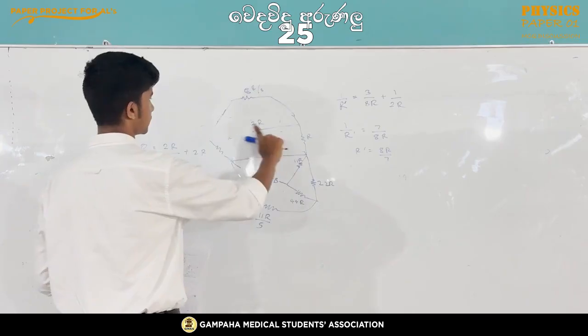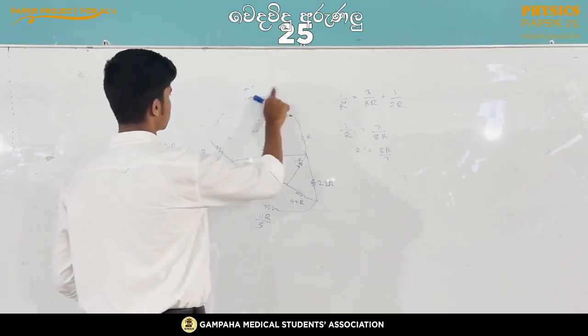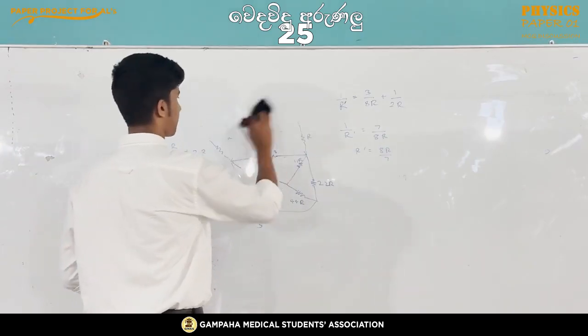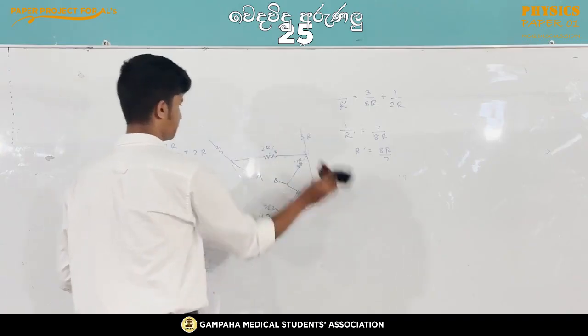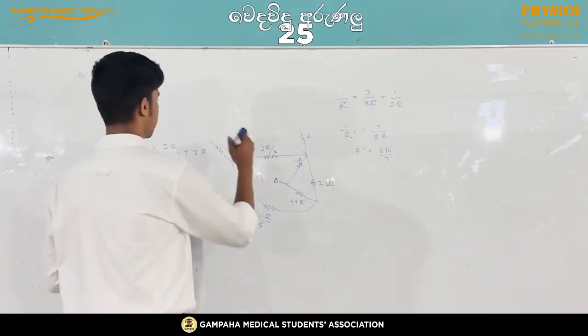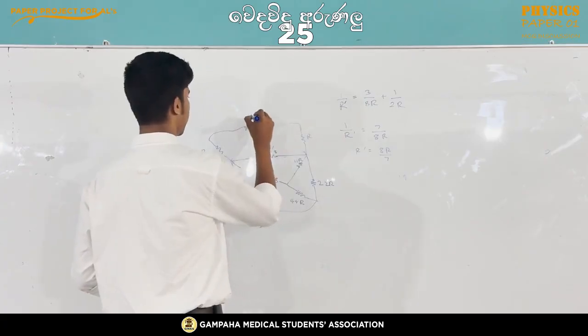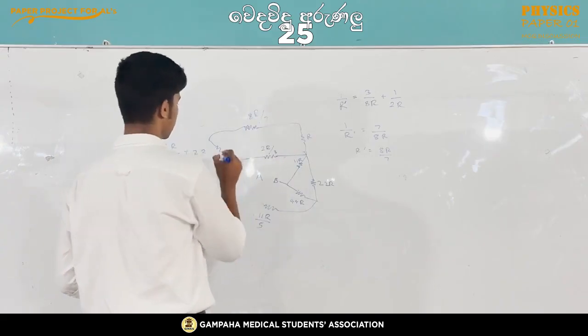So instead of these two loops, we can use 8R over 7.